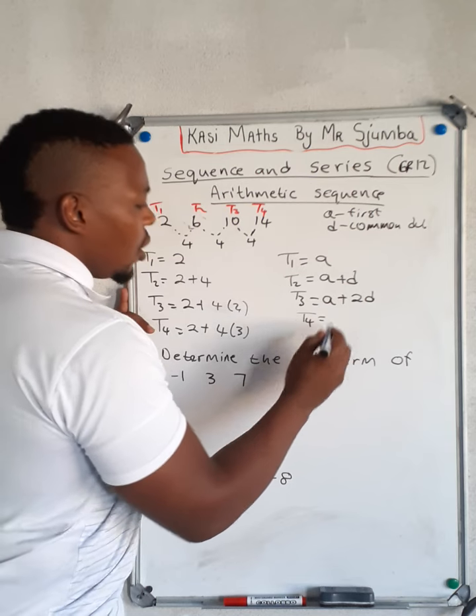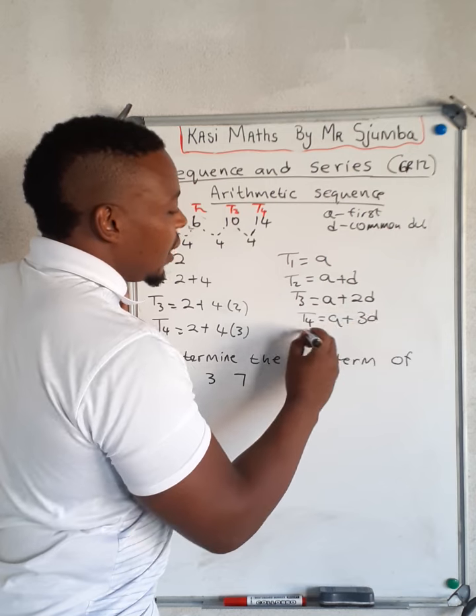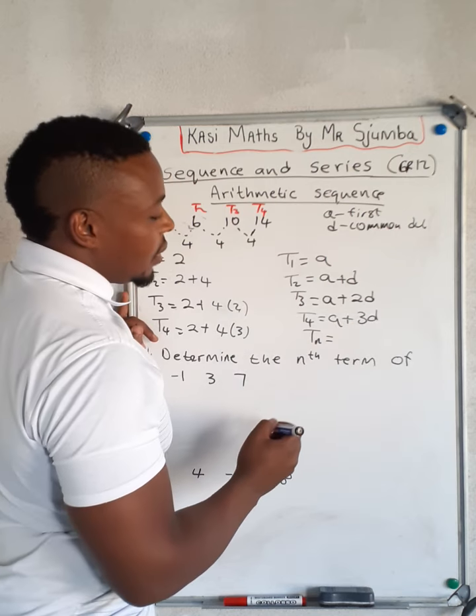Term 4 equals A plus 3 differences. So now let's say we have Tn.